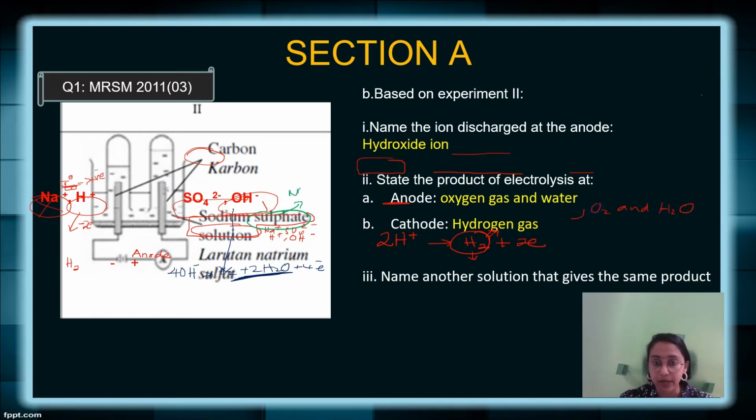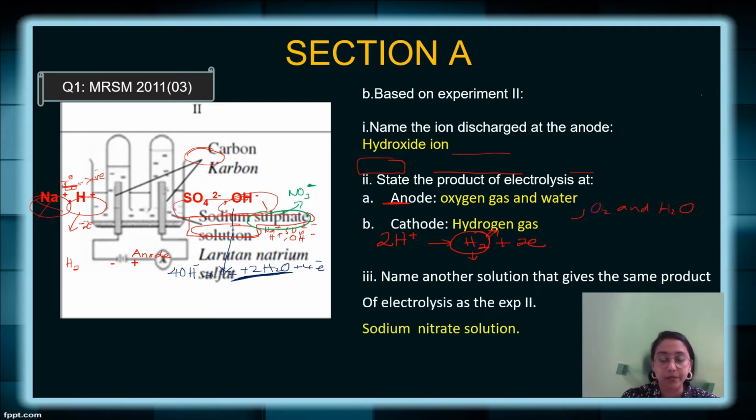So the easiest one, you can substitute the sulfate with nitrate. So sodium nitrate solution, or you just take out the sodium and substitute it with potassium. Aren't all potassium salts soluble? So just change the name. Either you change the positive ion or the negative ion. No need to think so hard about it. It's actually easy.